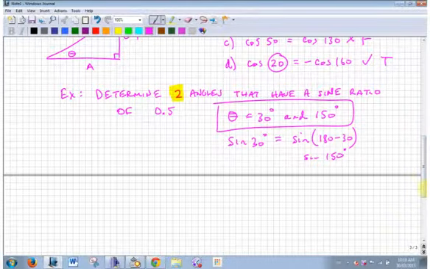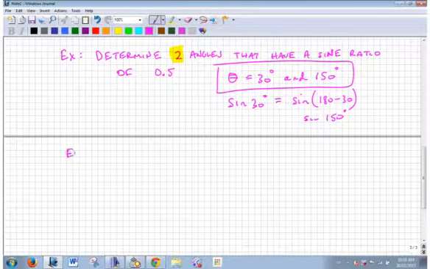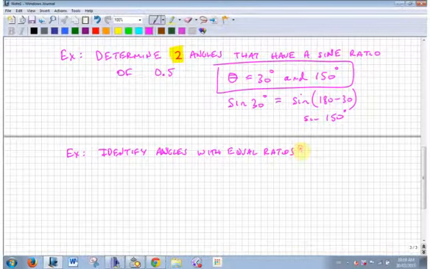Last example. Identify angles with equal ratios, and I'll give you a couple of pictures.